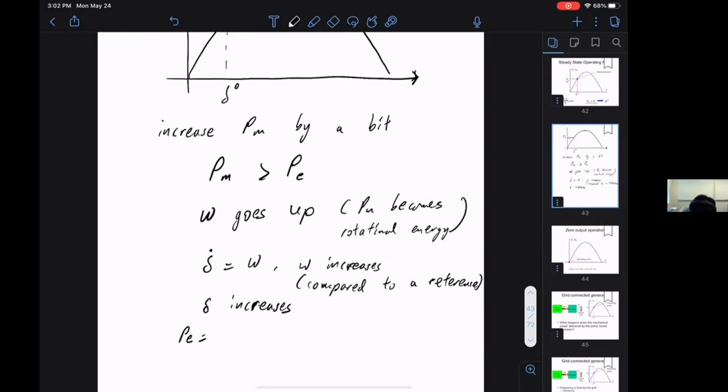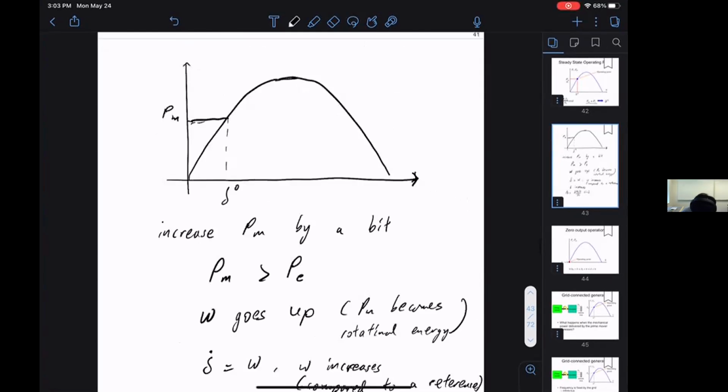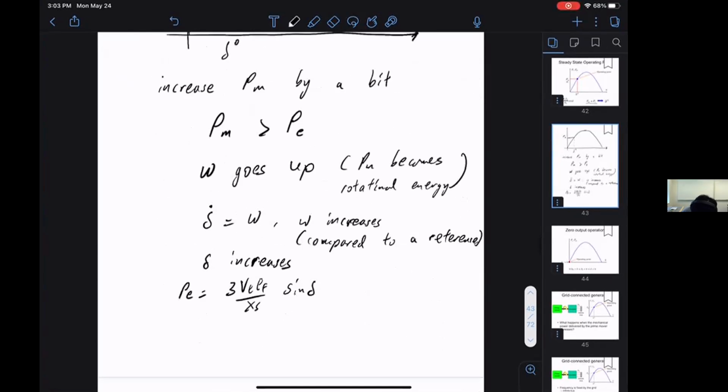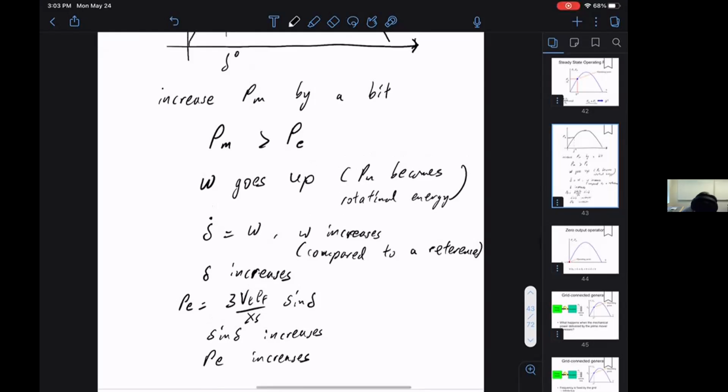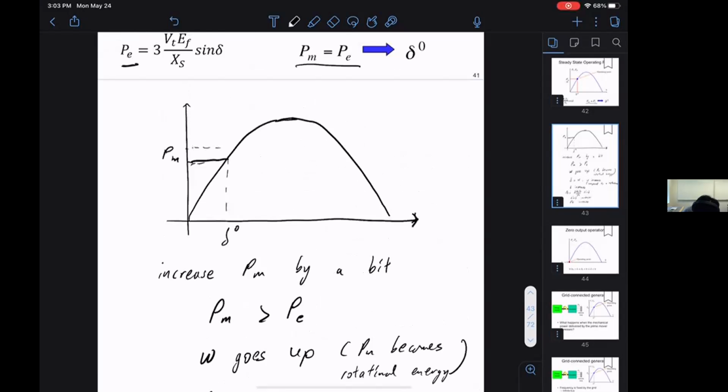But then PE equals 3 V T E F over XS times sine delta. So at this point, if delta increases, sine delta increases, so PE increases. So if I increase PM by a little bit, then naturally my angle will change to delta 1.